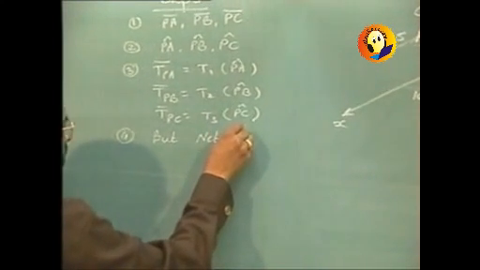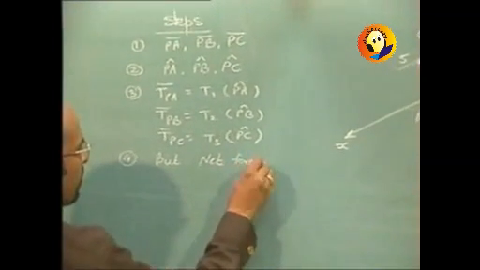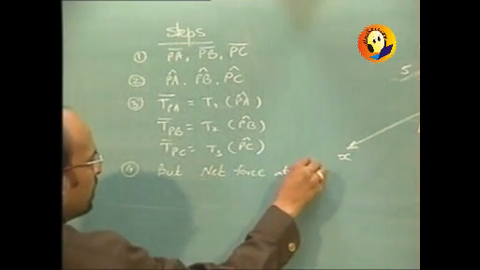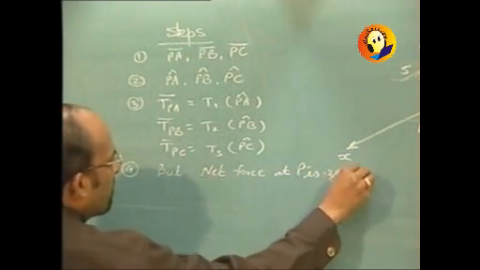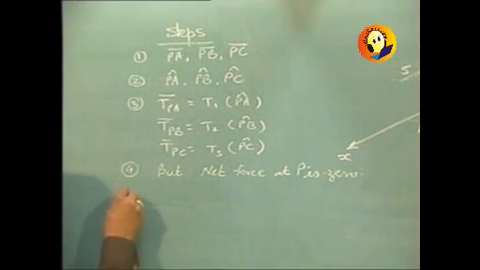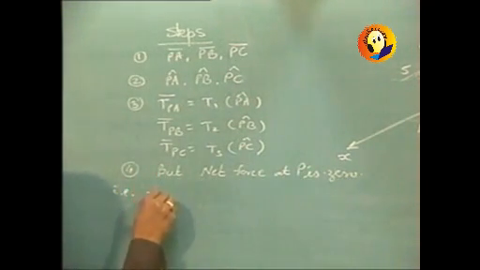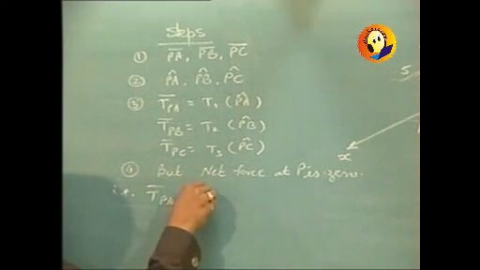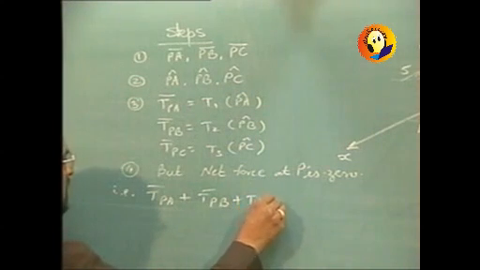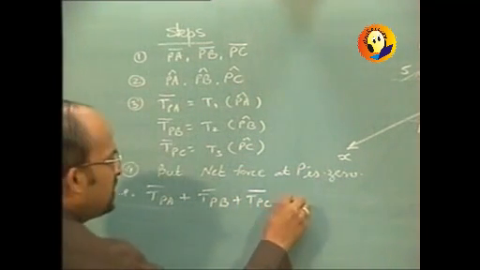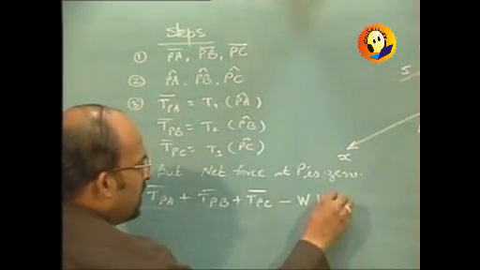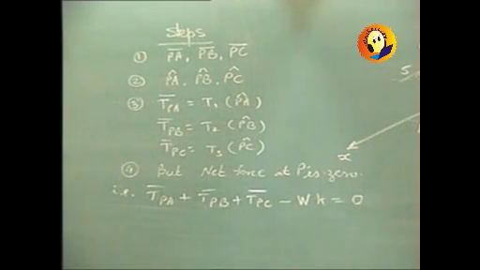Net force at P is 0. So when we consider the summation of all the forces, that is T PA bar plus T PB bar plus T PC bar minus WK, because it is acting in the downward direction, should be equal to 0.